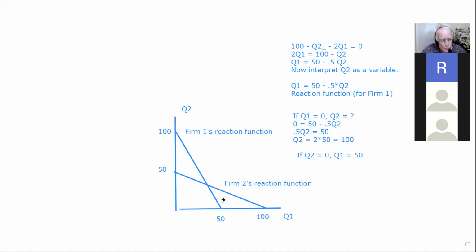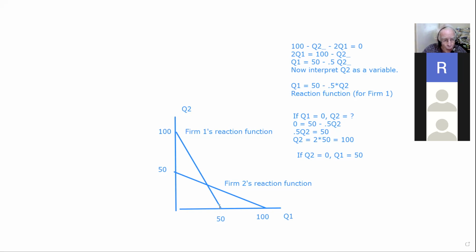One way to interpret the result is in terms of the reaction step by step to what the rival is doing. So, for example, suppose that firm 1 begins by producing 50 units per day.